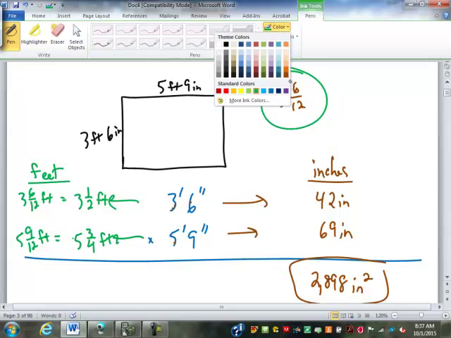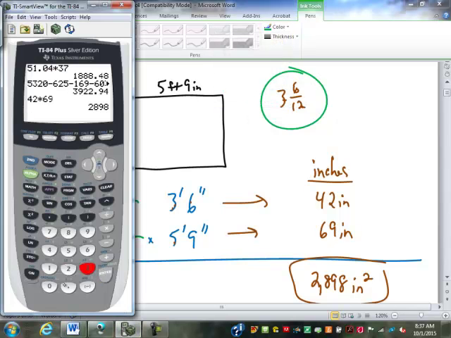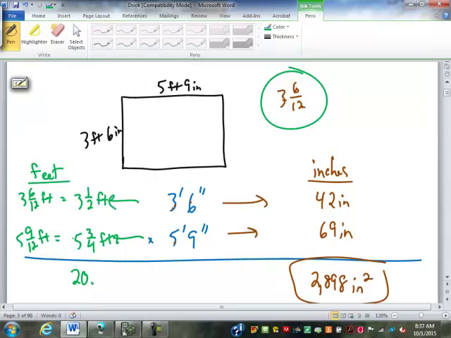So if I multiply that out, 3.5 times 5.75, I get 20.125. Of course, that is square feet. It's 20 and 1/8 square feet.